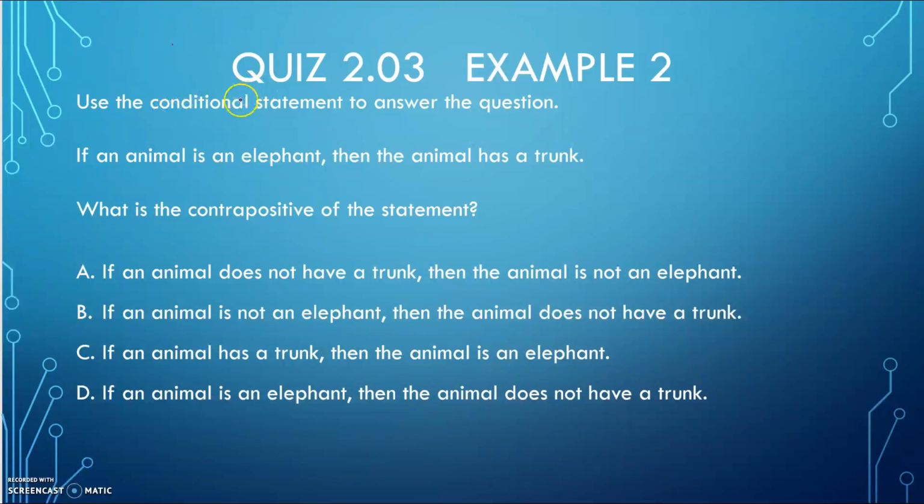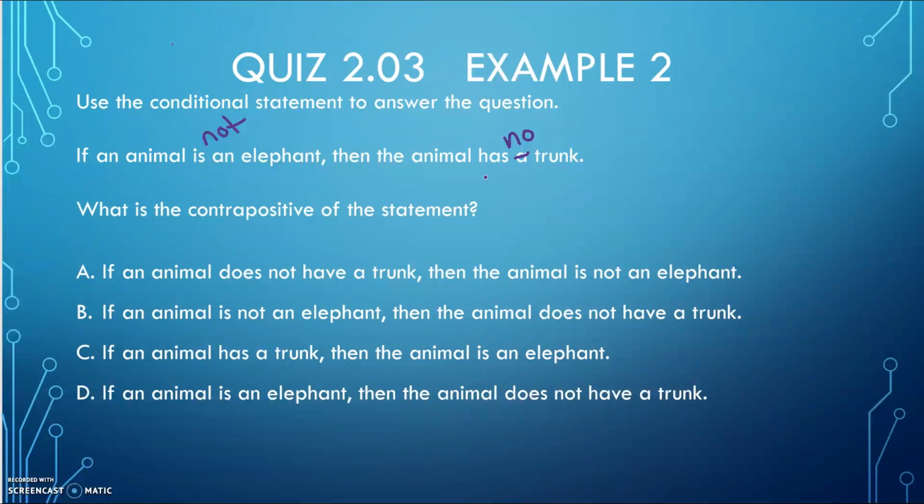Contrapositive means that we negate both statements. So we put, is not, then the animal has no trunk, or does not have a trunk.